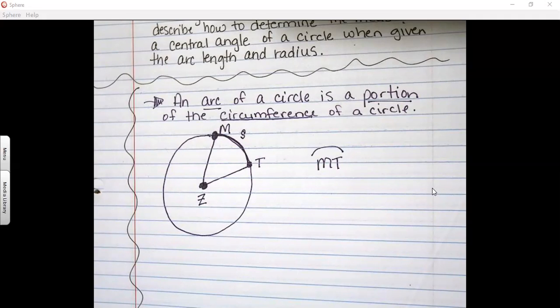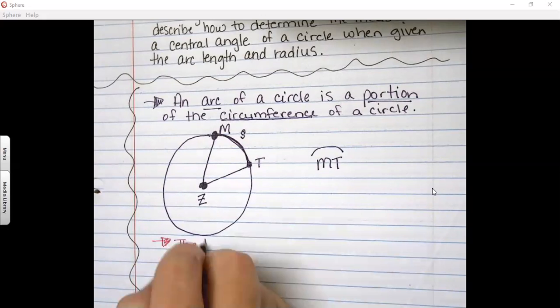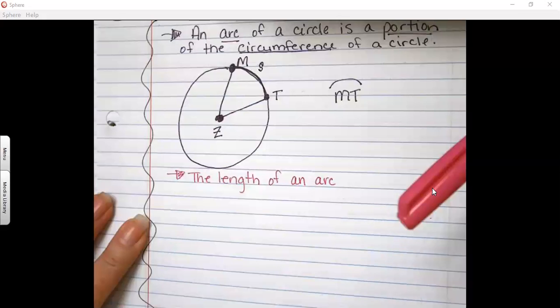The length of an arc is the length of its portion of the circumference.